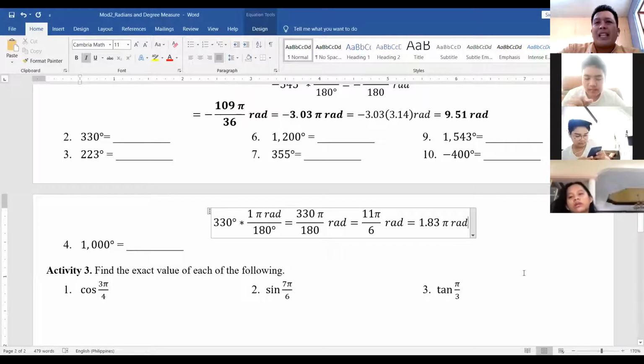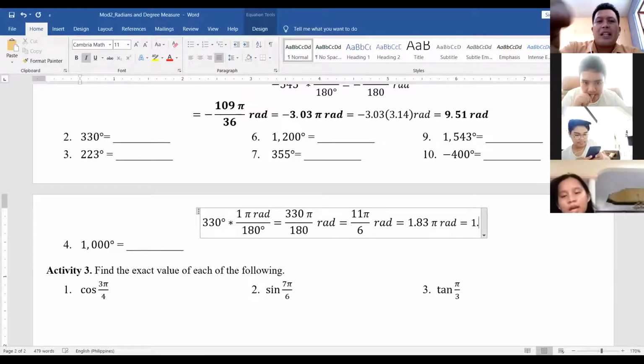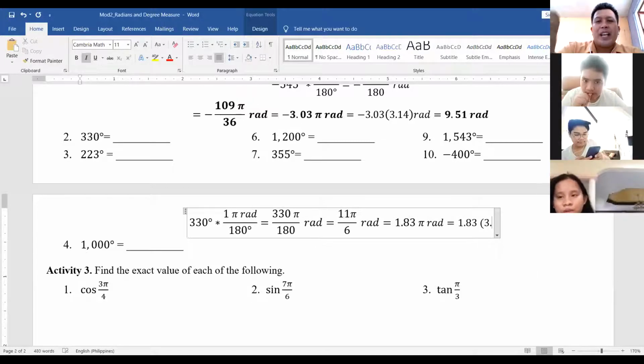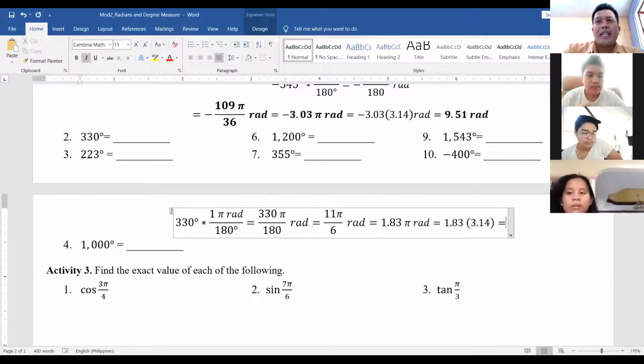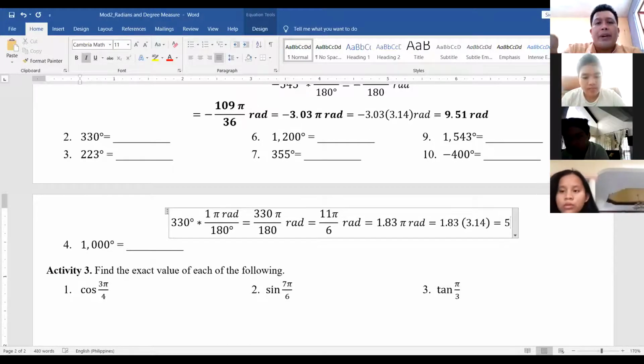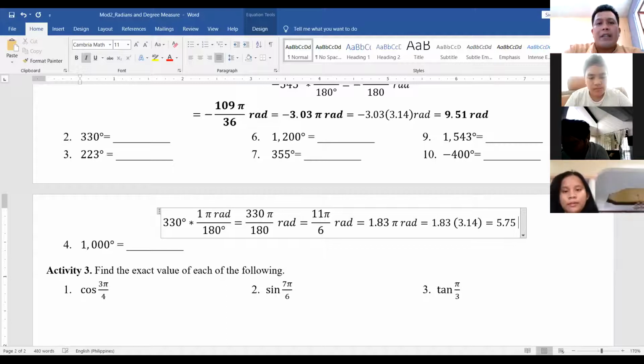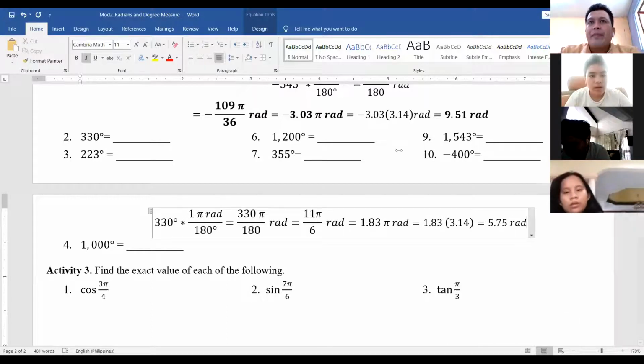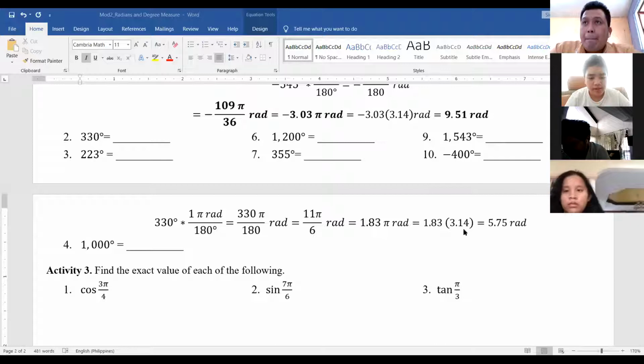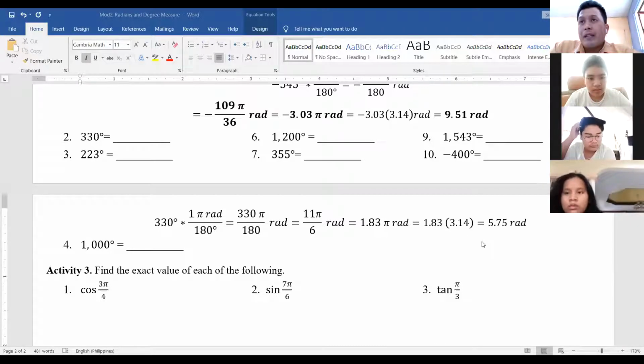Probably you multiply 1.83 by 3.14. I think this is the reason why your answer is like that. So let's multiply 1.83 by 3.14. Yes, that is not 5.24 but 5.74, or 5.75 radian. Mine again, sir, is 5.76. I'll try it again, sir.